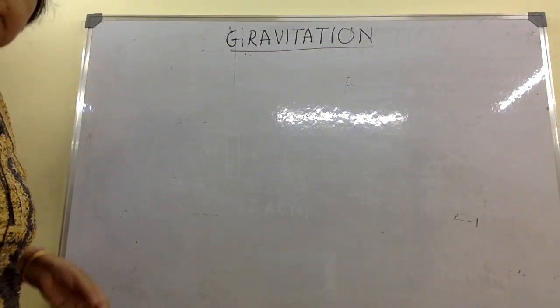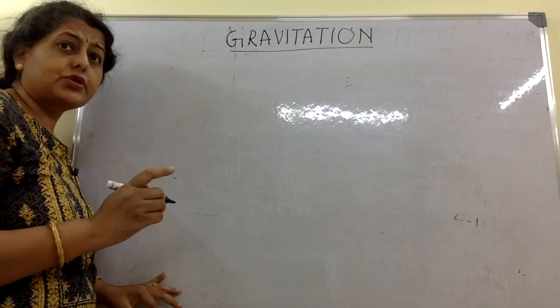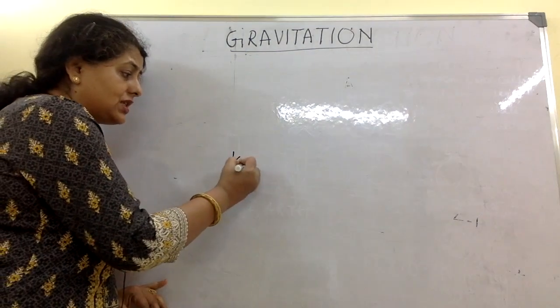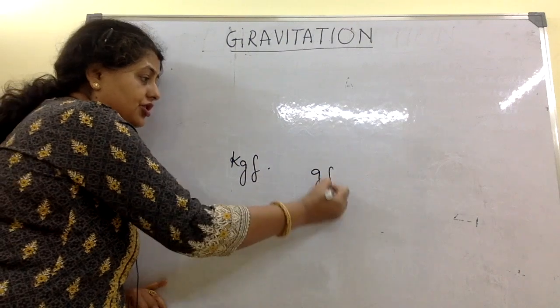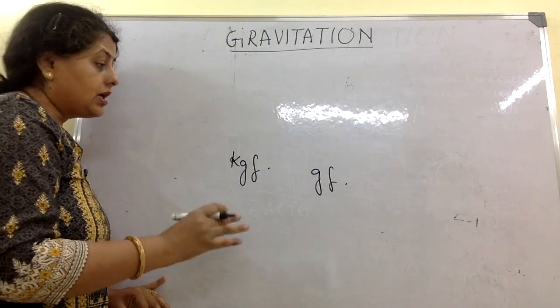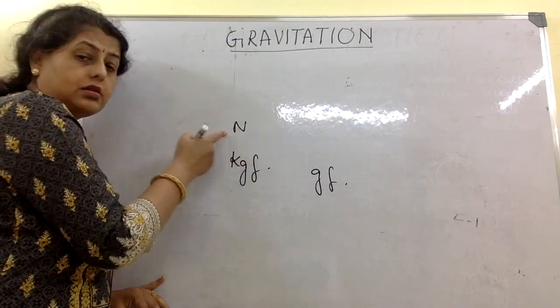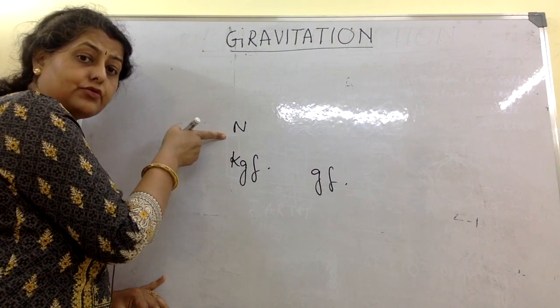Now here I want to talk about the gravitational unit of force. In many of your sums you see this kgf, gf. There's a little bit of confusion. See, in SI the unit of force is Newton.